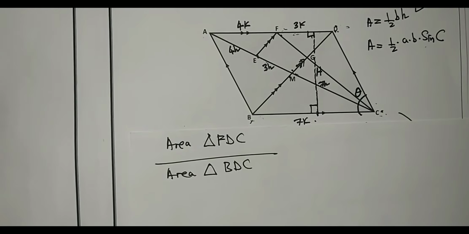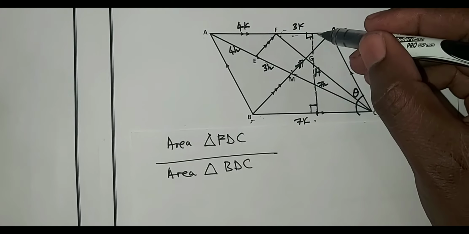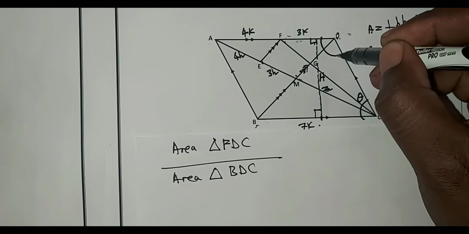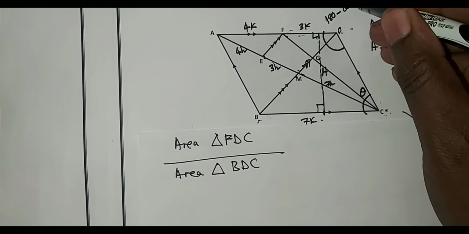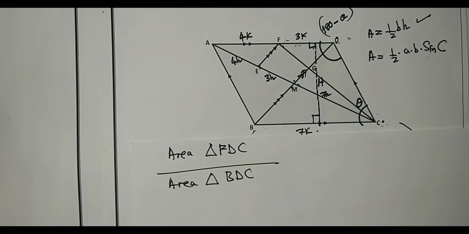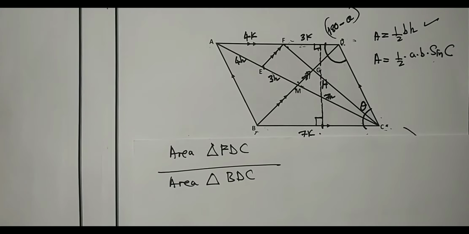So which means that angle becomes theta. If this angle becomes theta, then this angle also becomes 180 minus theta. This is because these are co-interior angles.